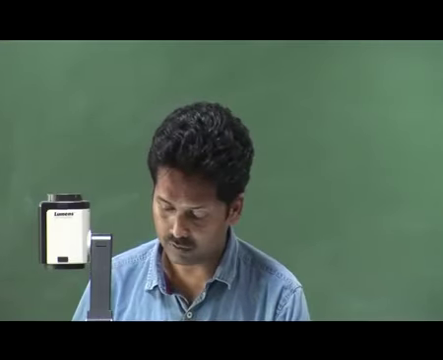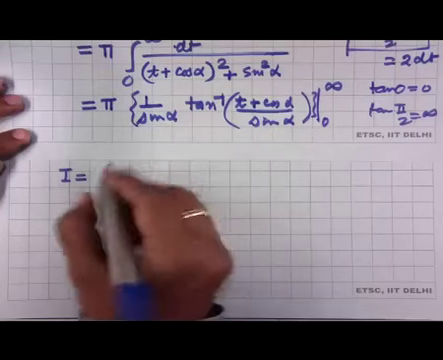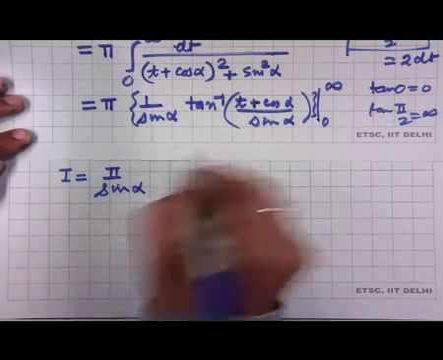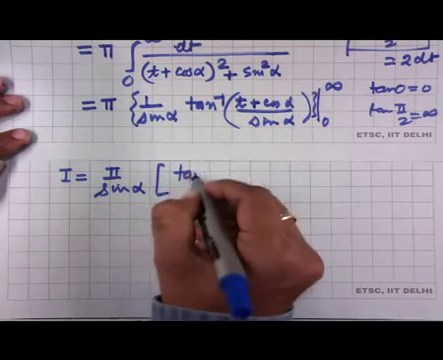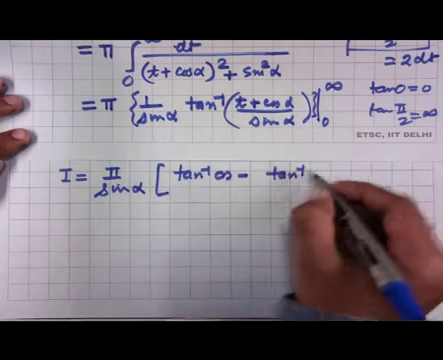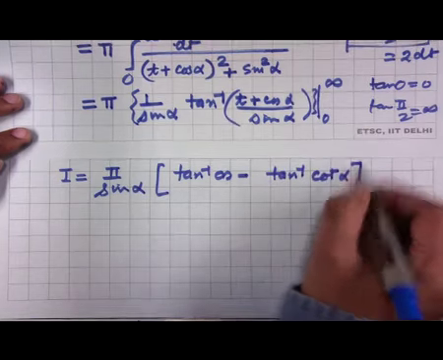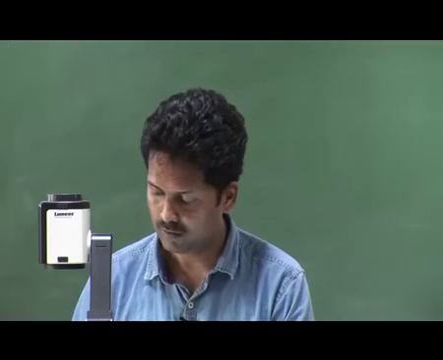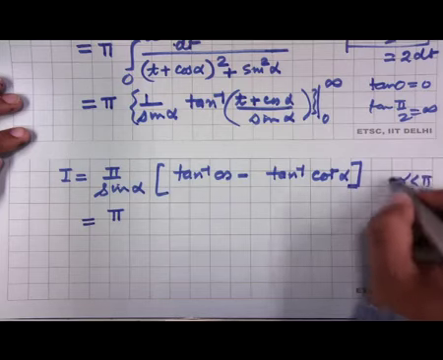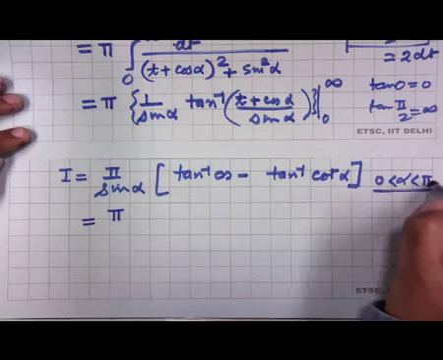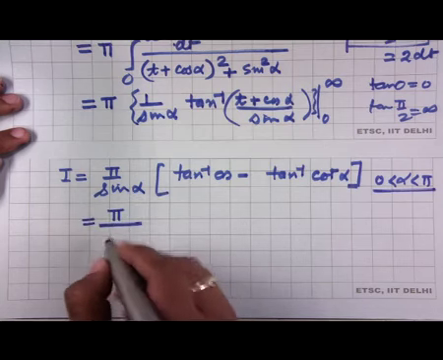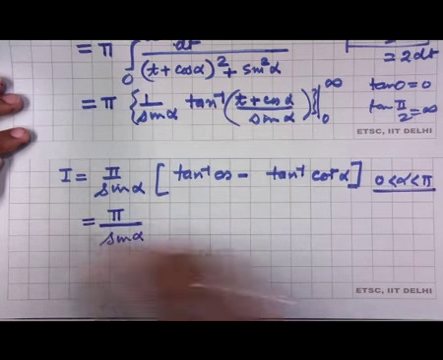So finally you arrive at I is equal to pi by sin alpha. Sin alpha is constant, so you can take it out. We get tan inverse infinity minus tan inverse cot alpha. Because alpha lies between 0 and pi, it is not 0 or pi, so sin alpha is non-zero, so it is defined.